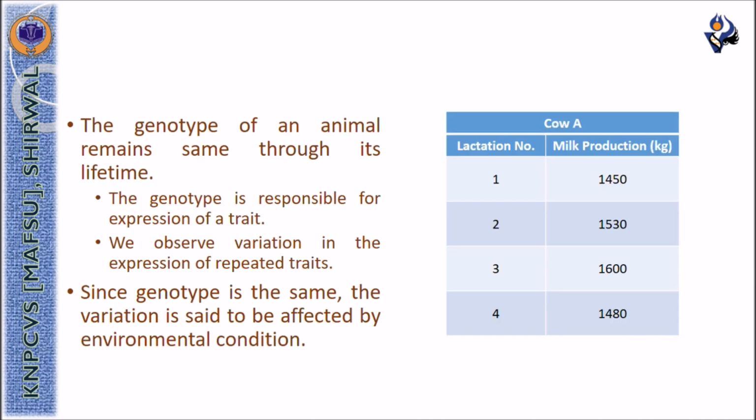The genotype of an animal remains the same throughout its life, and this genotype is responsible for expression of a particular trait. But we observe variation in the expression of repeated traits. Now, since genotype is the same, the variation which we are observing is said to be affected only by environmental conditions.